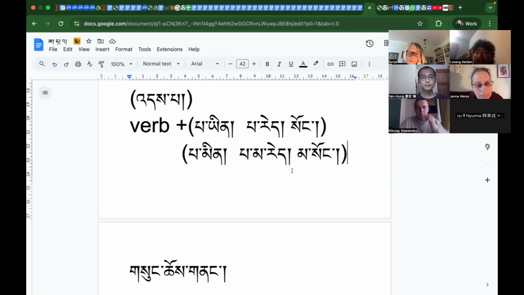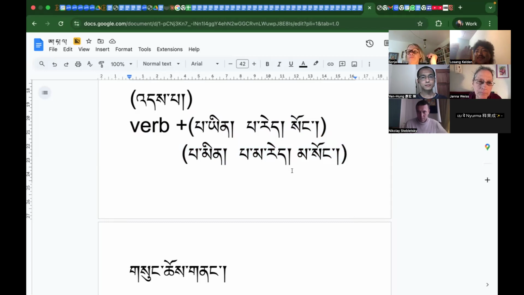Now we have to keep in mind that when we put the action doer particle, we have to put it if the action is done by something. If it's natural, then there is no action doer particle. You shouldn't put it. For example, he became taller.